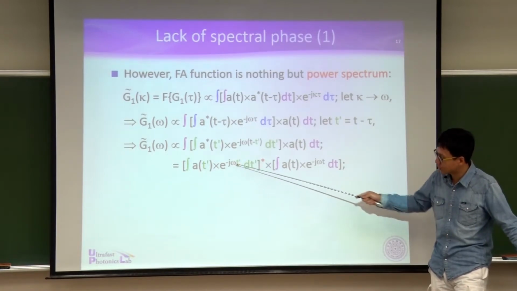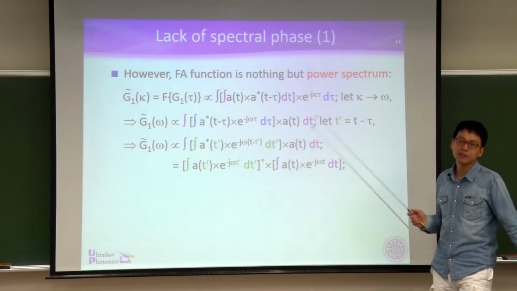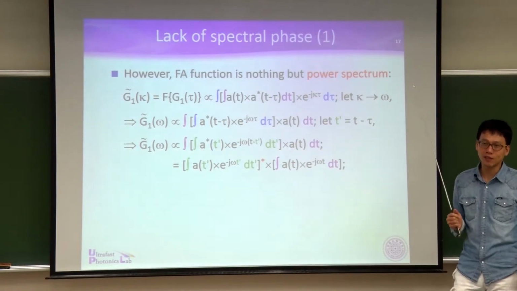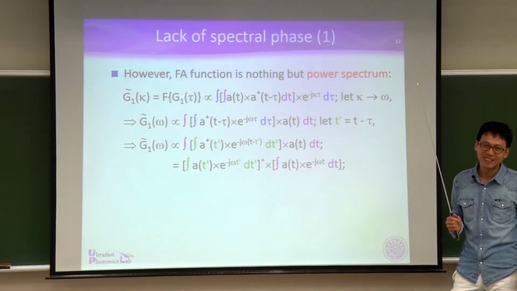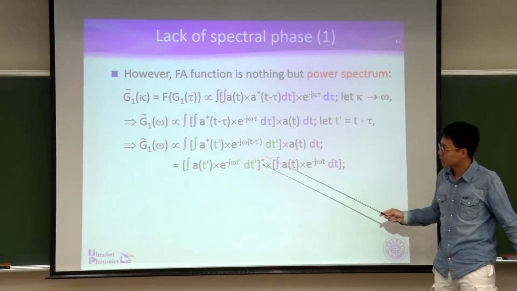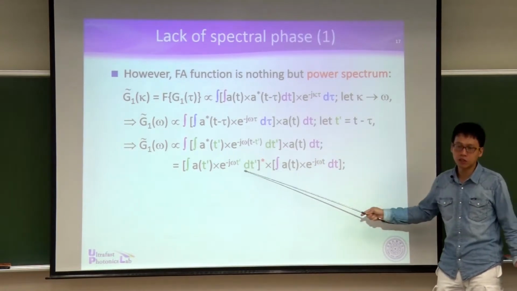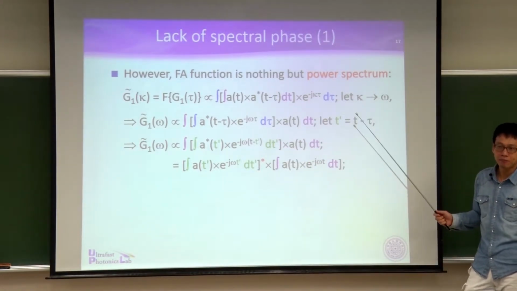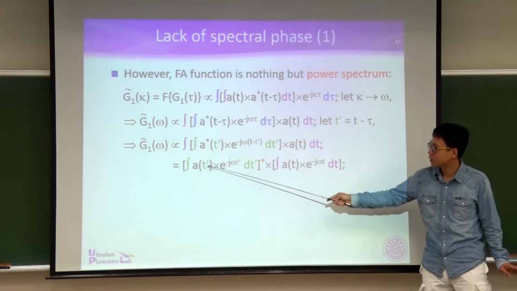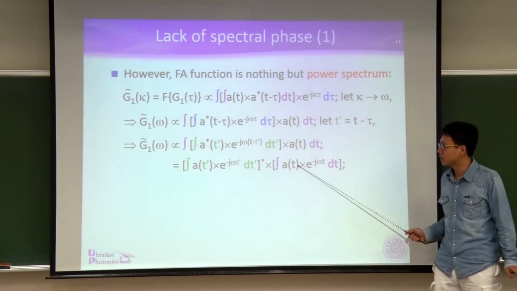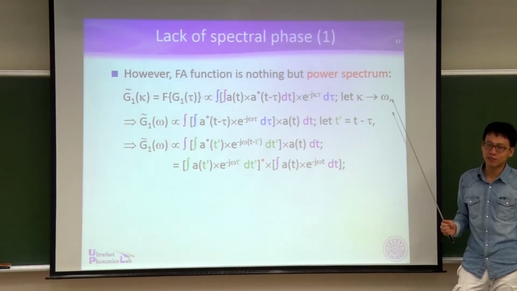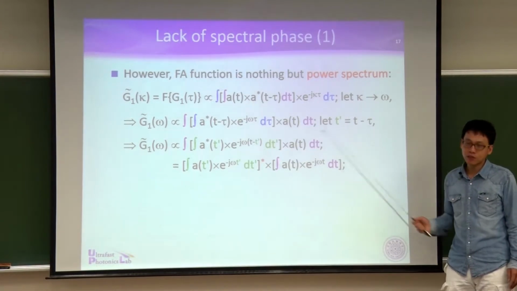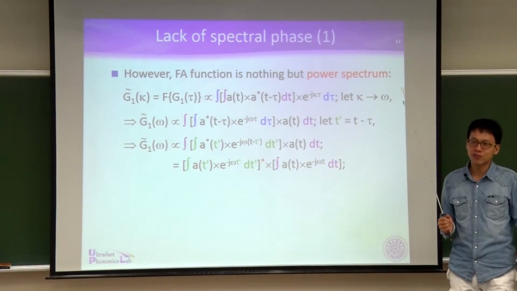Just give it a minus sign, but add the complex conjugate outside the integral. Okay. So actually, the two one-dimensional integrals are essentially the same. Just replace t prime by t. They are exactly the same. The complex conjugate is the only difference.